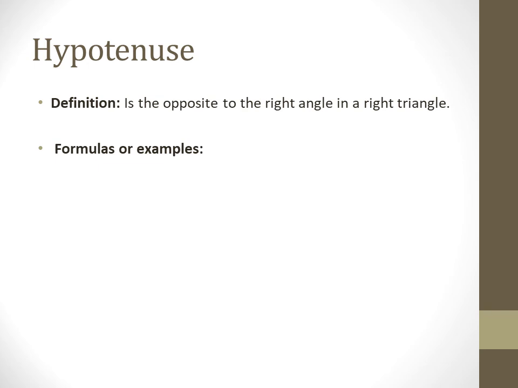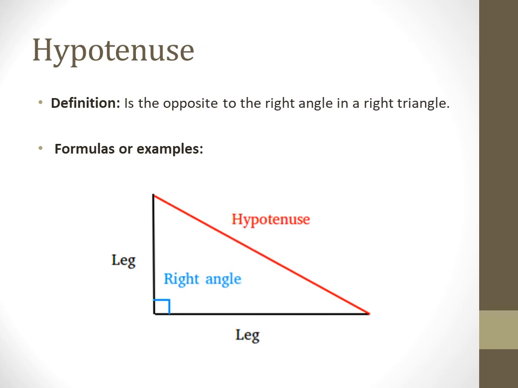All right, last couple here. Hypotenuse. Hypotenuse is the opposite to the right angle in a right triangle. So what does this mean? Well, it means this. When we have a right triangle, the opposing line, or the opposite line from the right angle, is the hypotenuse.